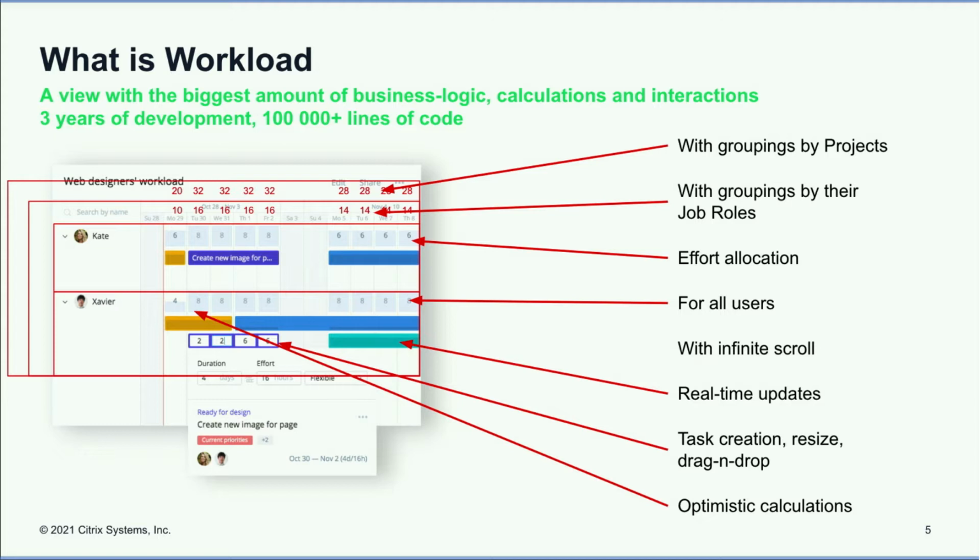One more thing. If we speak about complexity, we have some logic around task creation, resizing, and drag and drop. Because as a manager, if you see that your team member is overloaded, you want to take this task and drag it to change the date. You want to replan it.